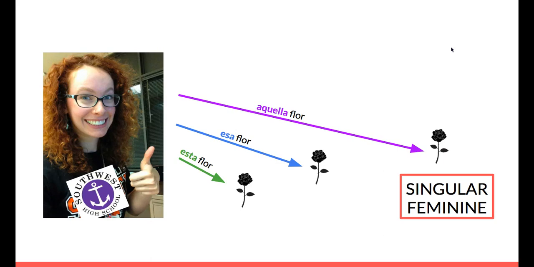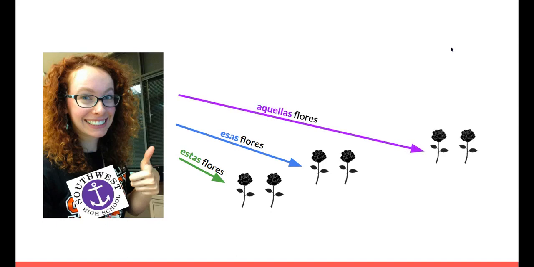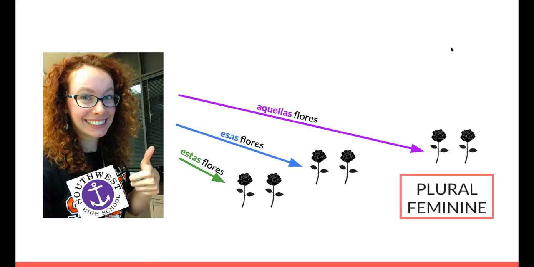Esta, esa, aquella. Similarly to the masculine ones, if I want to pluralize this, I'll say estas flores, esas flores, y aquellas flores. These are my demonstrative adjectives for plural feminine nouns.